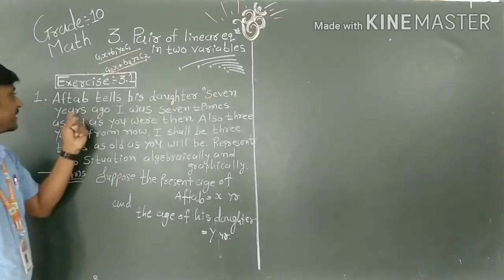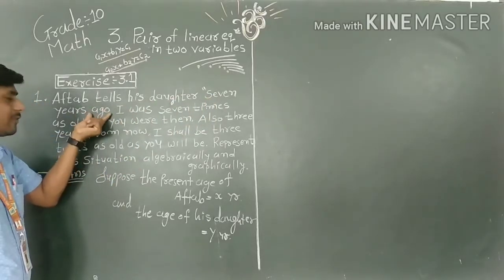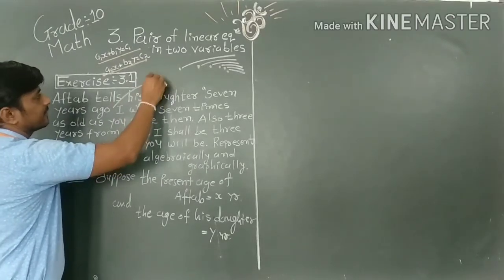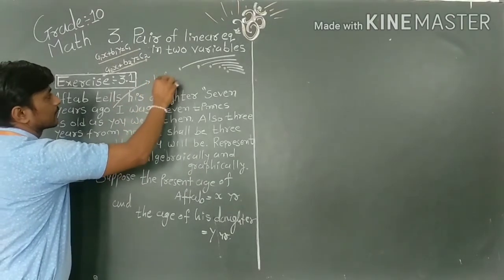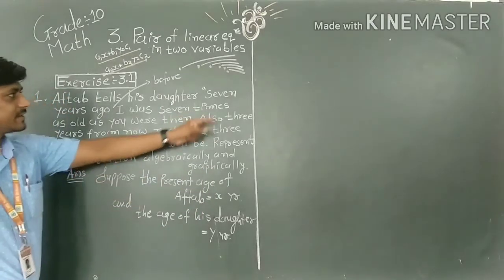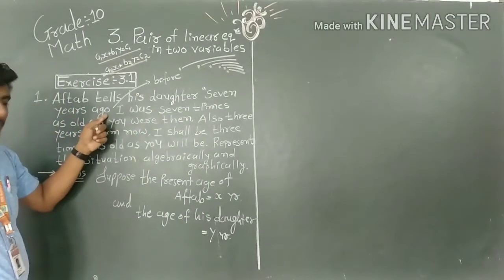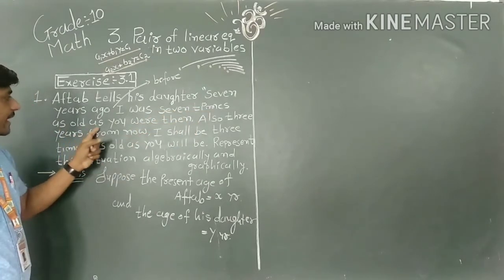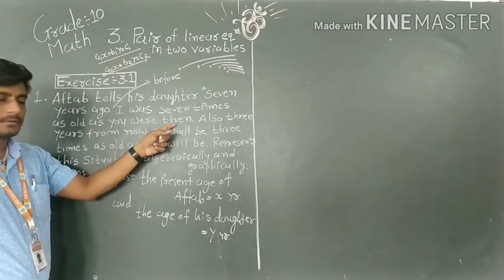Now look, what is the condition? 7 years ago. What is the meaning of ago? Ago means before, a similar word. Then I write, 7 years before I was 7 times as old as you were then.